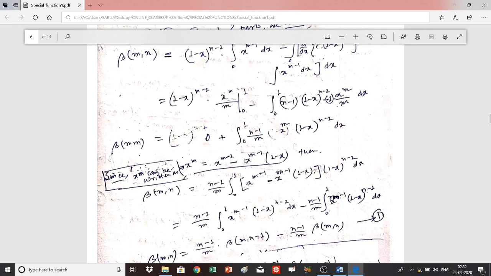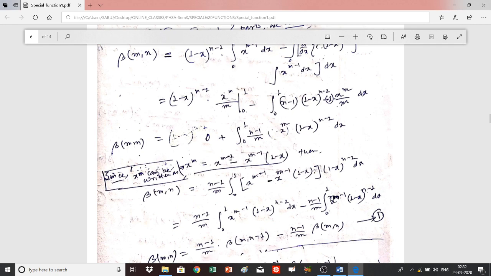If you simplify this, the first term is x to the power m minus 1, then multiplying will give you minus x to the power m minus 1 into x, which is minus x to the power m, plus 1. So this term and this term will cancel out, and finally it will give you x to the power m. So x to the power m can be written in this manner.